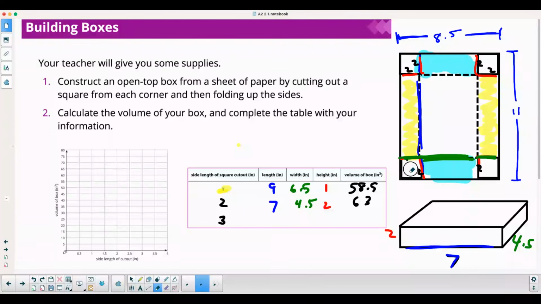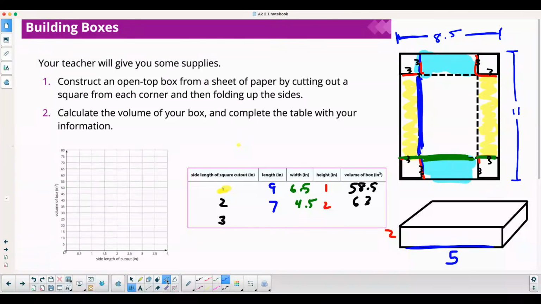So I'm going to change these 2's to 3. So these little flaps are 3 now. Fold them up. This side here with the blue, this side of the box now becomes 11 minus 3 minus 3. 11 minus 6 would be 5.